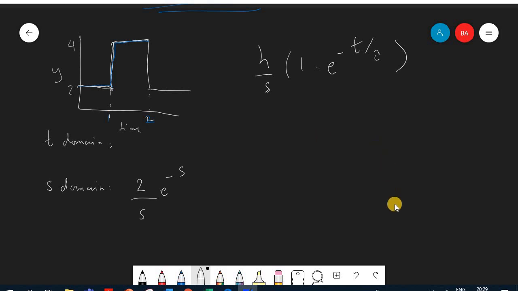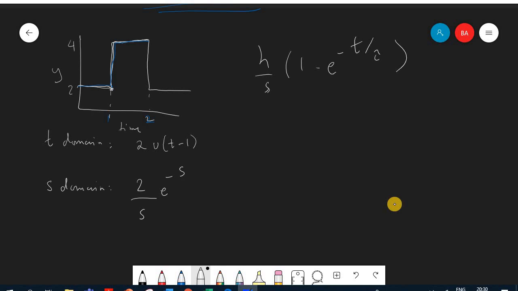If I want to write that in the time domain, this will be a change from 2 to 4, so that is 2. And this 2 happened at what time? It happened at time t minus 1. This is how we write that in the time domain. I already mentioned that sometimes the textbook uses S, or they use U.